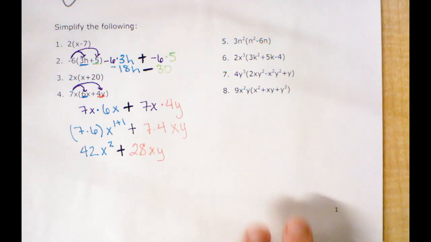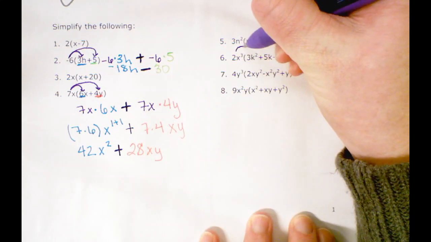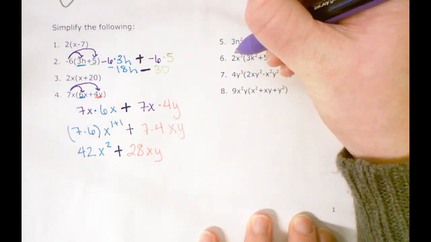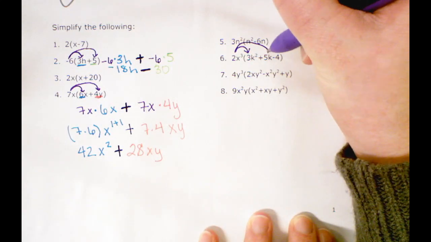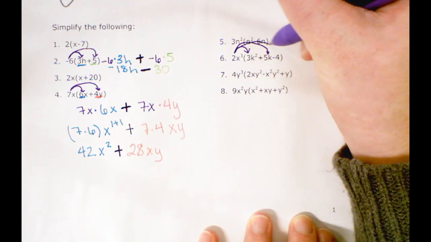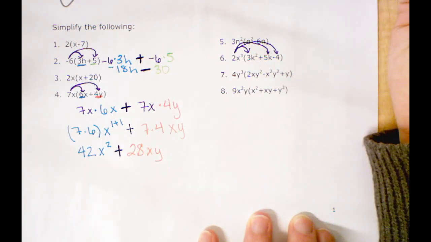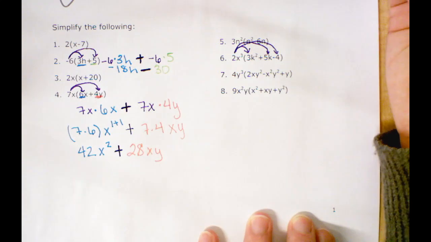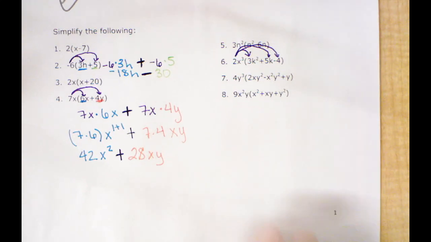Okay, so number 6. We're going to distribute our 2x cubed to everything out here. And yes, I know I drew through the number 5.